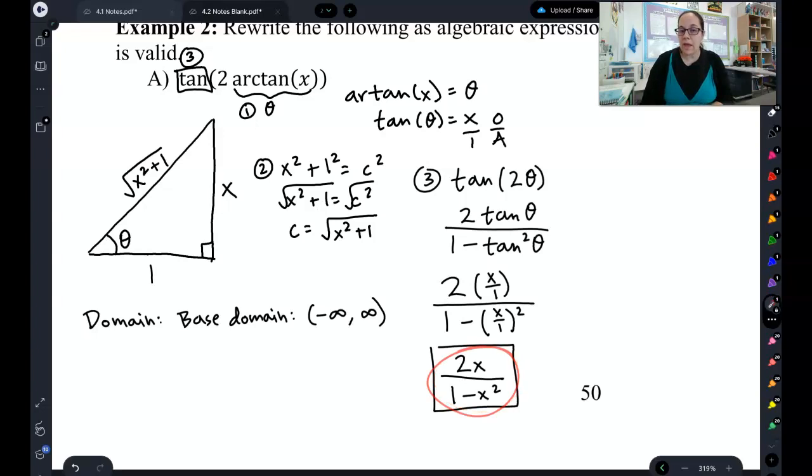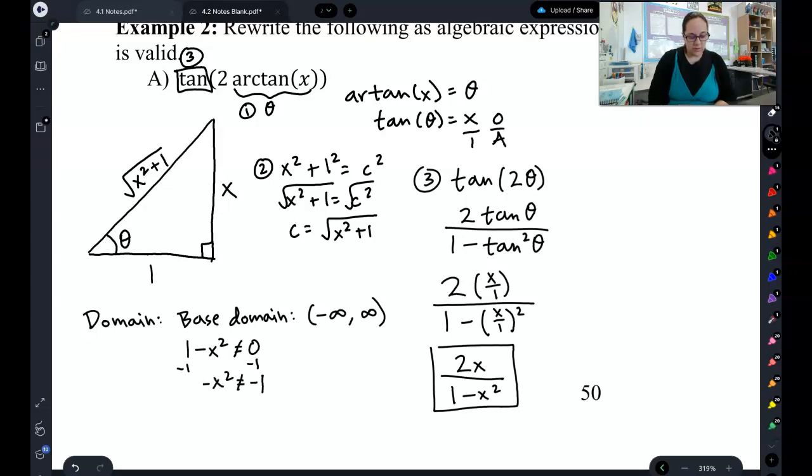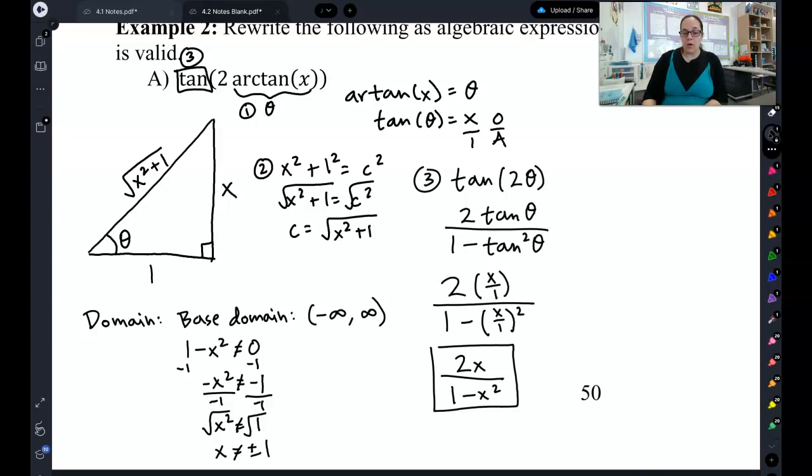So I look over here at my answer and I notice I have a 1 minus x squared in the denominator. So I know the denominator cannot equal 0. So I'm going to solve this out. And I get a plus or minus 1. So I know that I have this domain, but I also have x cannot equal positive or negative 1.